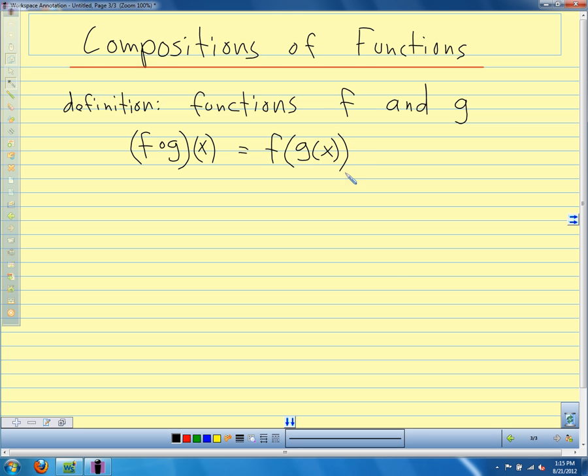So what this tells us is we're plugging in the entire function g for x. That's what the composition tells us to do. We plug in the entire function g for each x that we see.